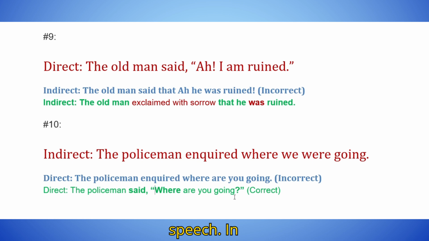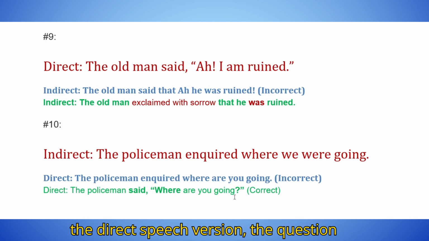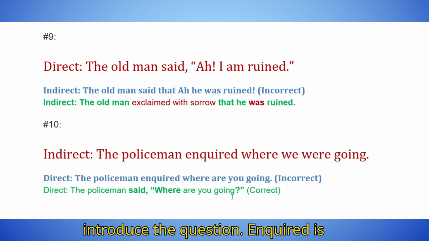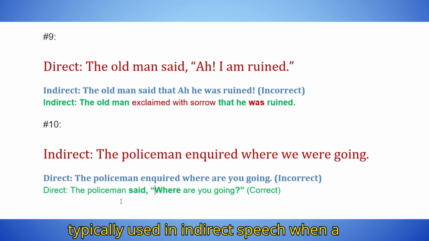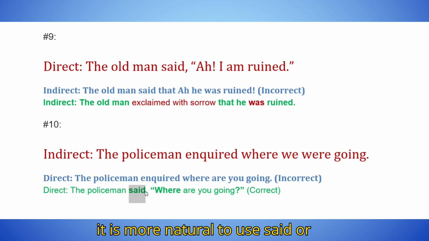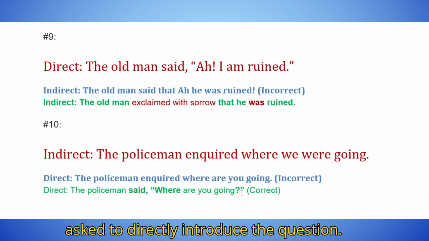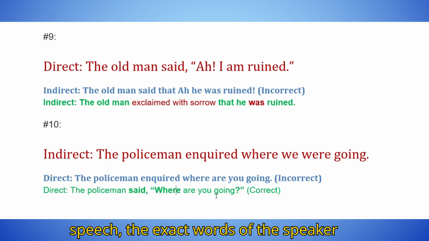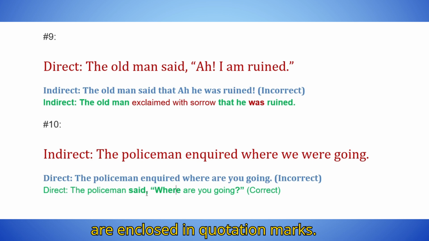Reporting verb: "enquired." In the direct speech version, the question must use a reporting verb like "said" to introduce the question. "Enquired" is typically used in indirect speech when a question is reported. In direct speech, it is more natural to use "said" or "asked" to directly introduce the question. Presence of quotation marks: in direct speech, the exact words of the speaker are enclosed in quotation marks.